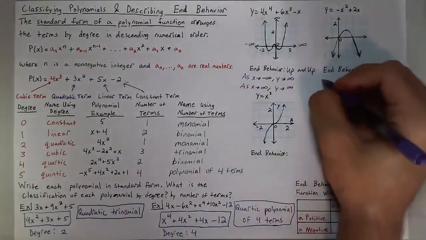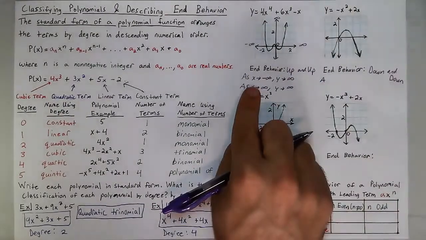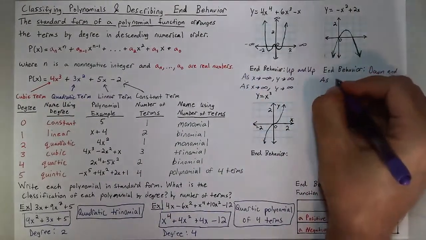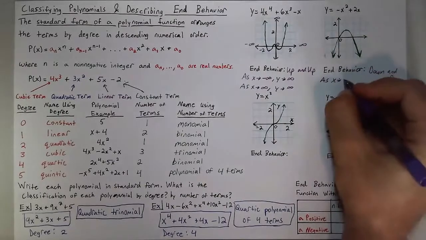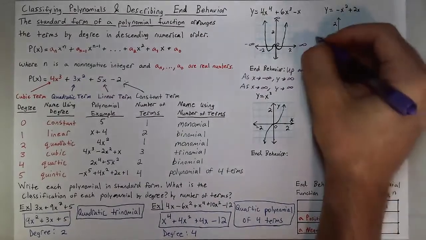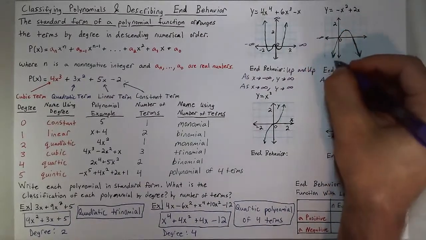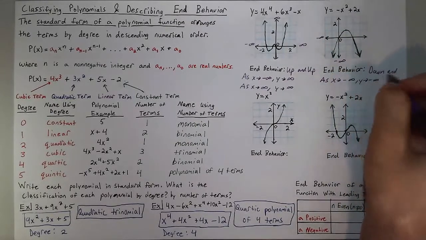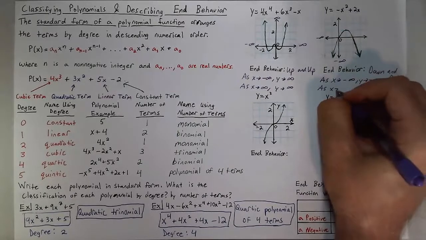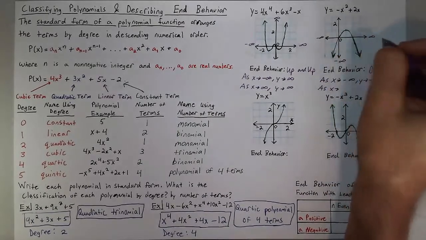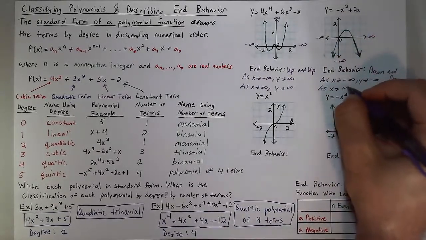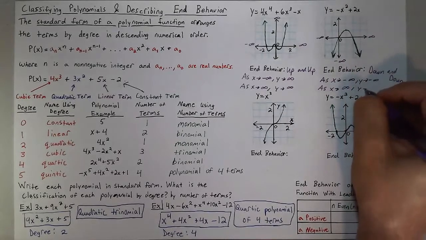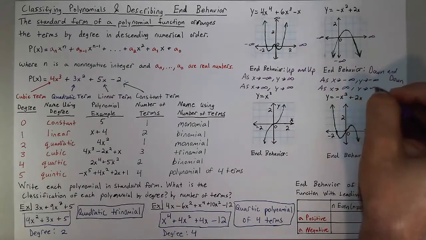And if I wanted to write that with my little arrows down here, as x goes to negative infinity, meaning the left, the y is going towards negative infinity as well. And as x goes towards positive infinity, which is the right, y also goes towards negative infinity.